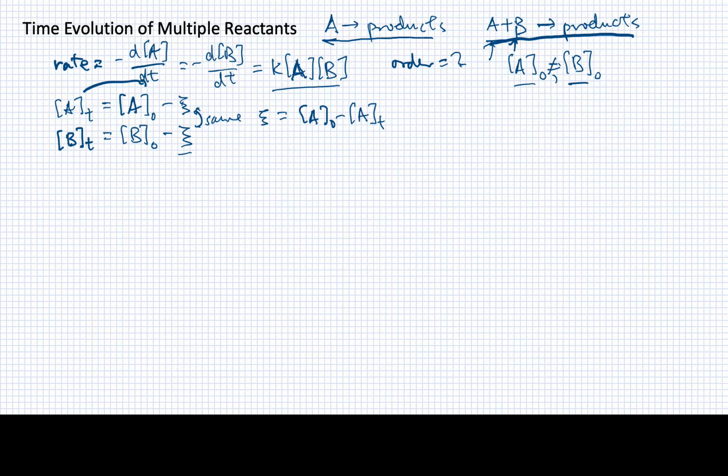And similarly for B, I would get the same kind of expression. Since this extent of reaction is the same in both cases, I can now use this to derive an equation for this time dependence in terms of this one.